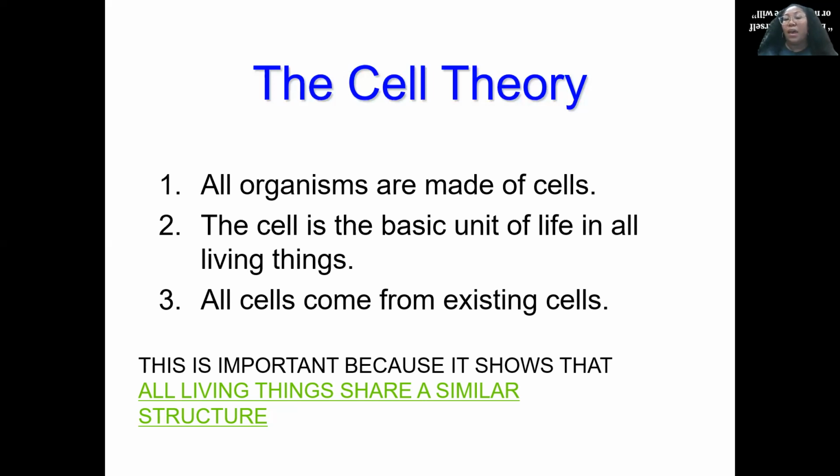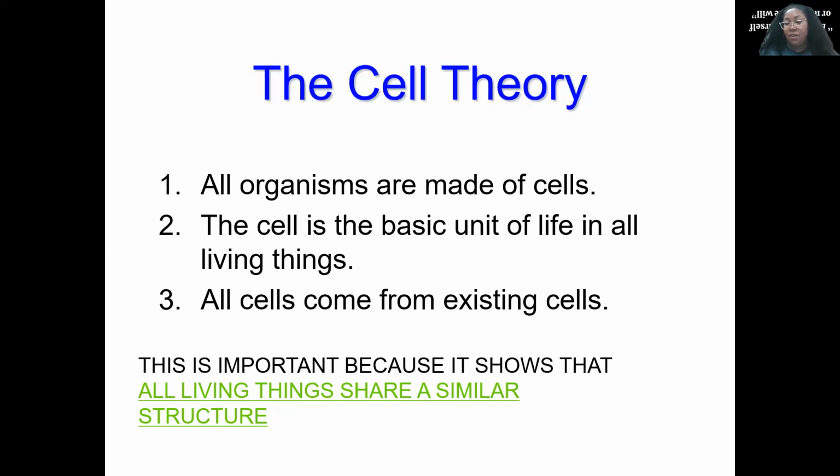So just like with animals, even human beings, even people like us, we are all made up of cells. They came up with this knowledge, and then they came up with the parts of the cell theory, which is stated here today: that all organisms are made of cells, and that the cell is the basic unit of life in living things.